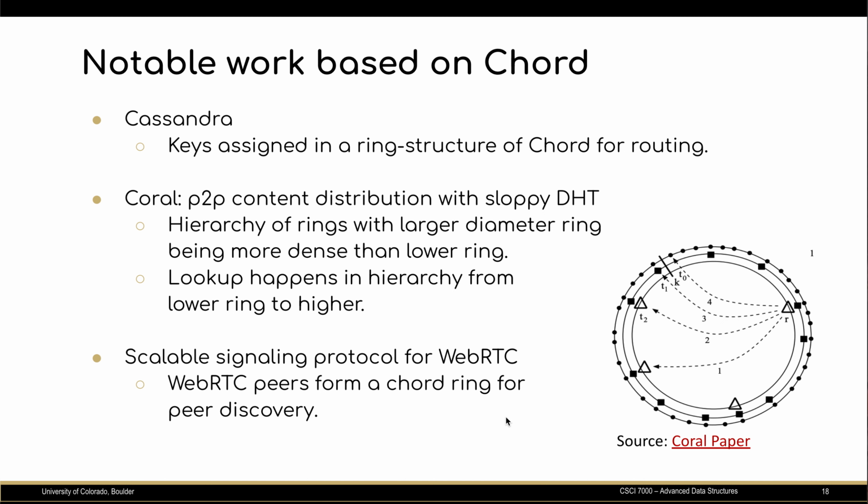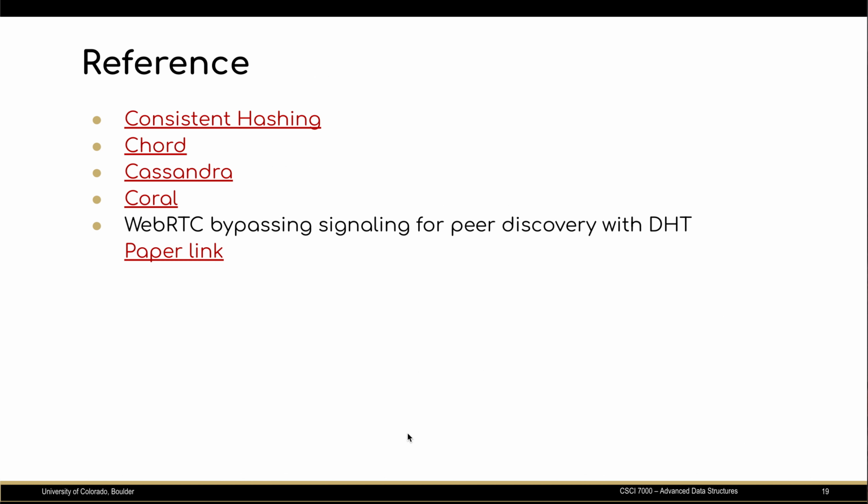For discovering the peers in that network, for all the subsequent connections, the node does not have to reach out to the signaling server again. Once the node has been added to a cluster, it can discover its peers using this distributed hash table. So it's a very interesting application of Chord.